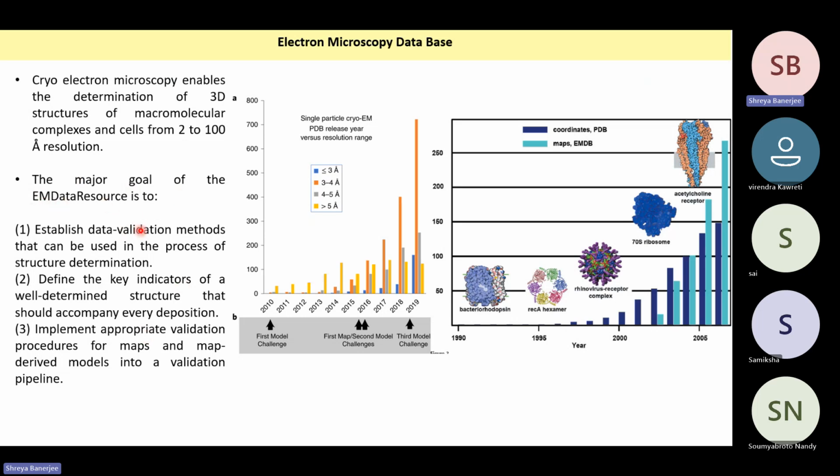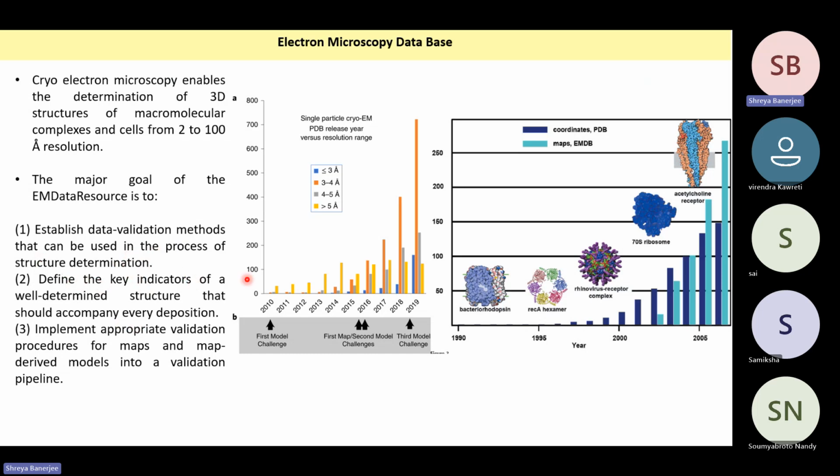Basically, that database establishes data validation methods that can be used in the process of structure determination. Like we saw in the case of Ramachandran outliers and other points, there are various criteria that the validation methods give you, and if those criteria are fulfilled, then the determined structure is a good structure.